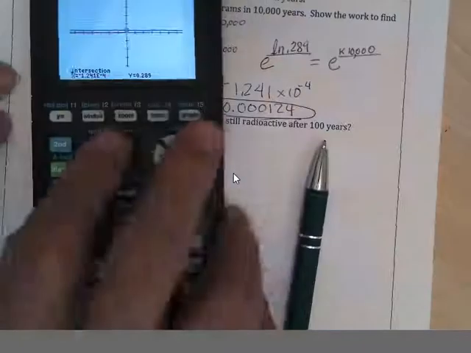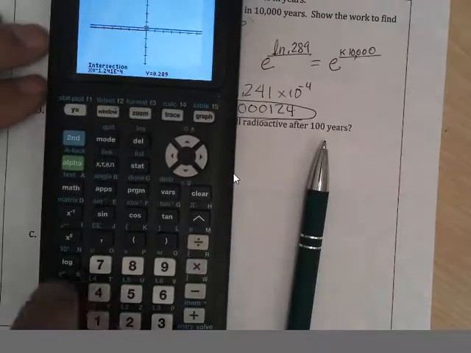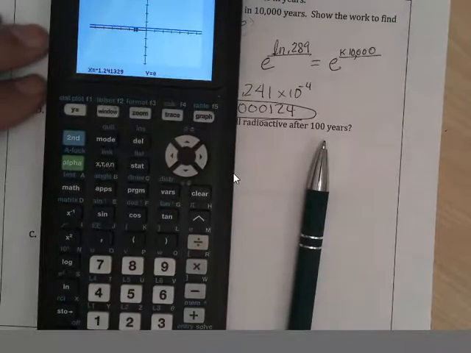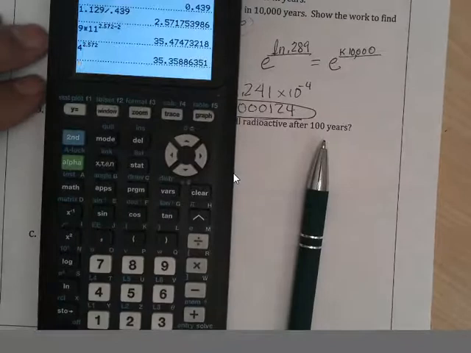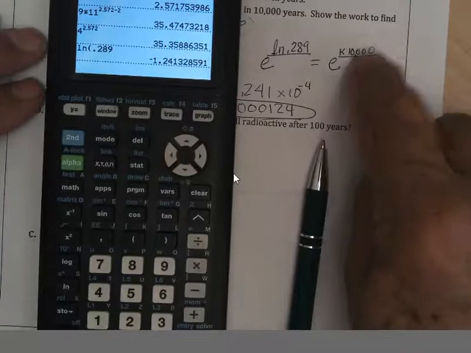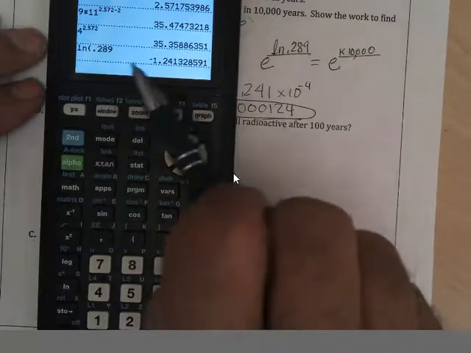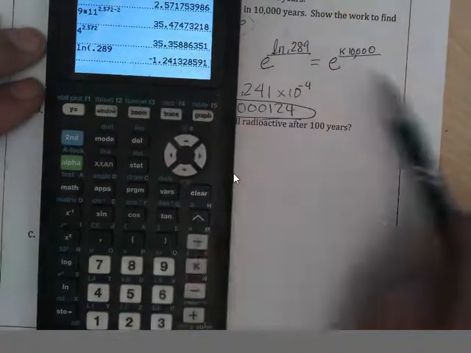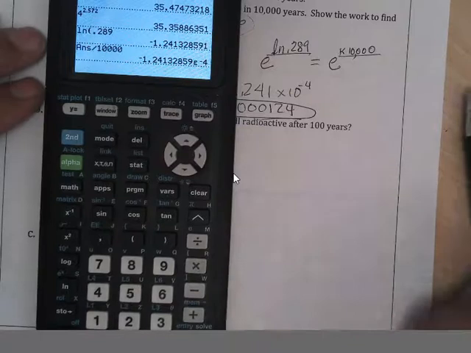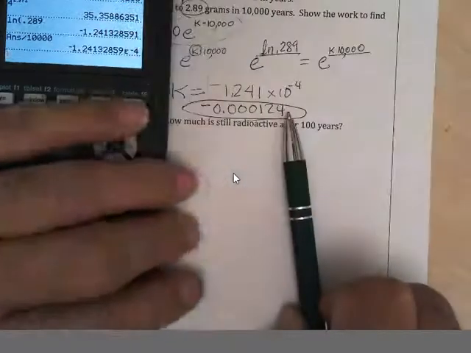So if I type in natural log of 0.289, on a regular screen, ln of 0.289, and then divide that by 10,000, which moves the decimal place 4 places, we get that same number.